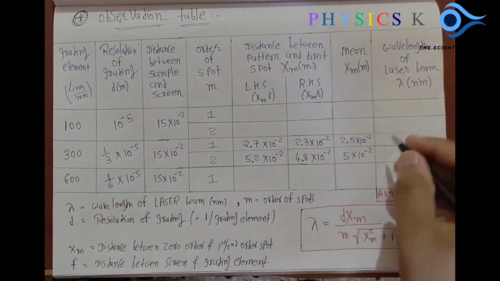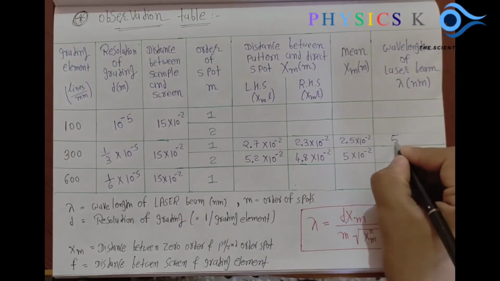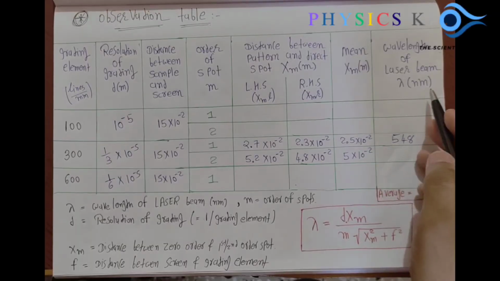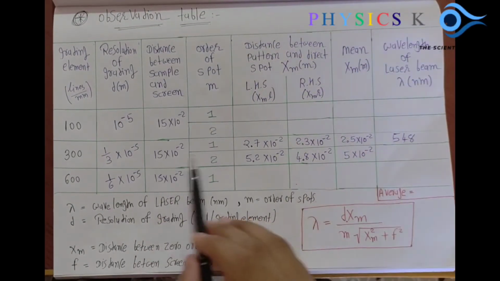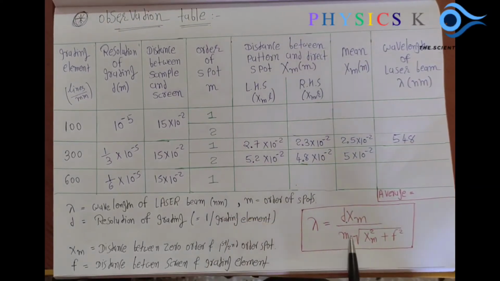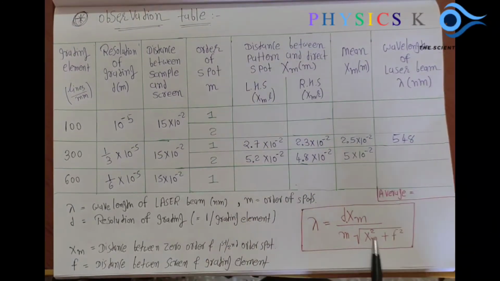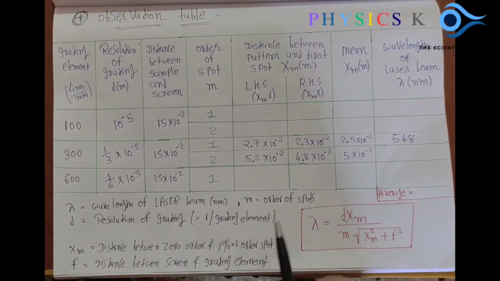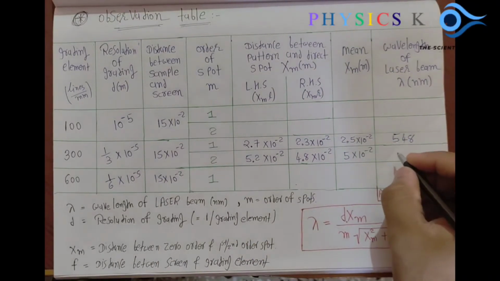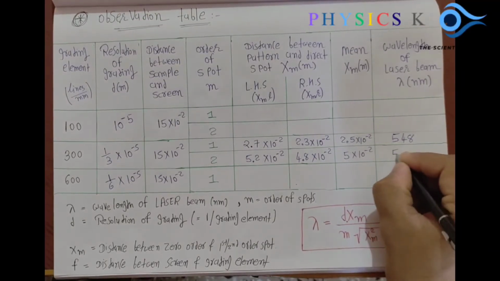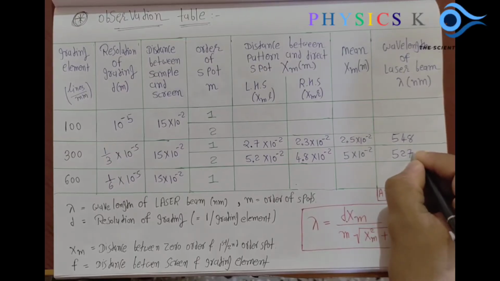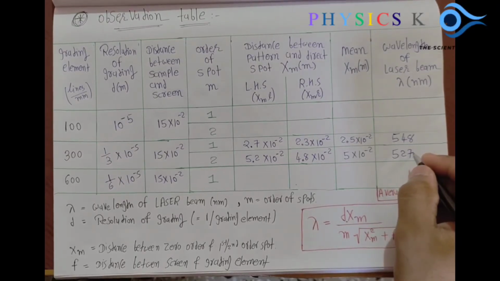So this one is my first answer for first order, 548 nanometer. Okay, same you have to go through the second order spot. Just put m equal to 2 and use this, so you get another wavelength. I already calculated and I am writing the direct answer, 5 to 7 nanometers. So this one is the value I got.